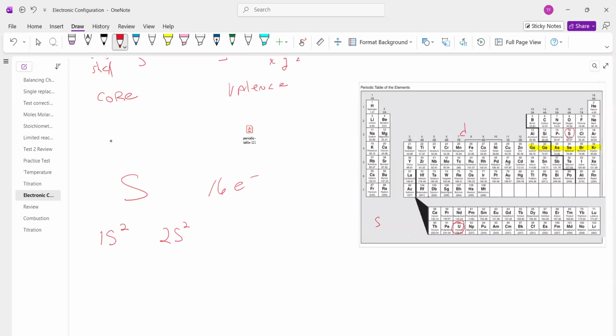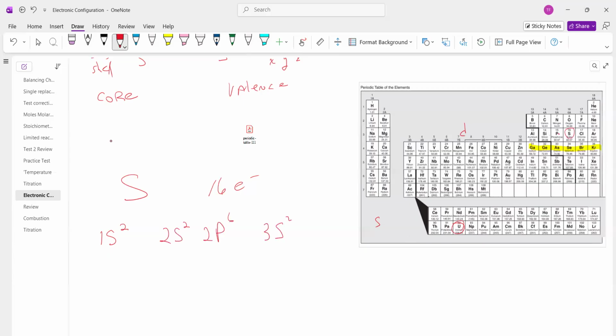Yes, keep that thought. All right, that takes care of 4. That takes care of 10. We still have 6 to go. So now we're going to go to the next shell out, which is 3.